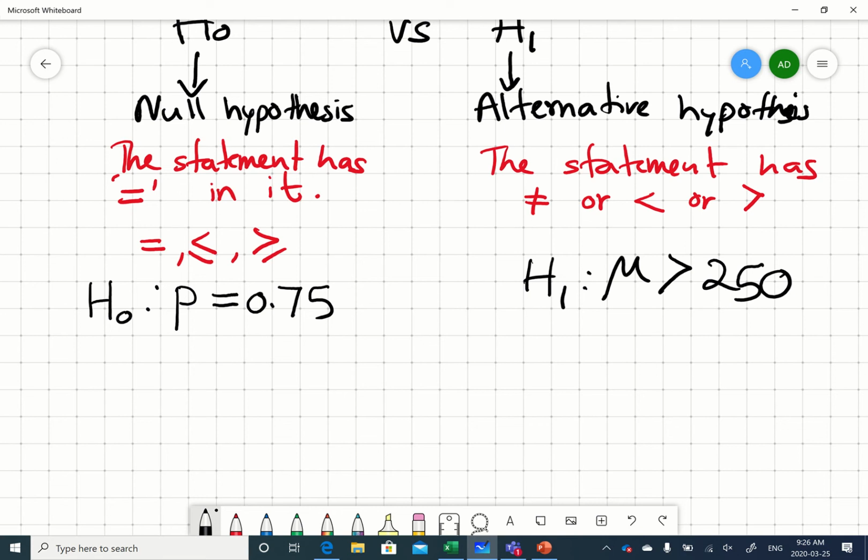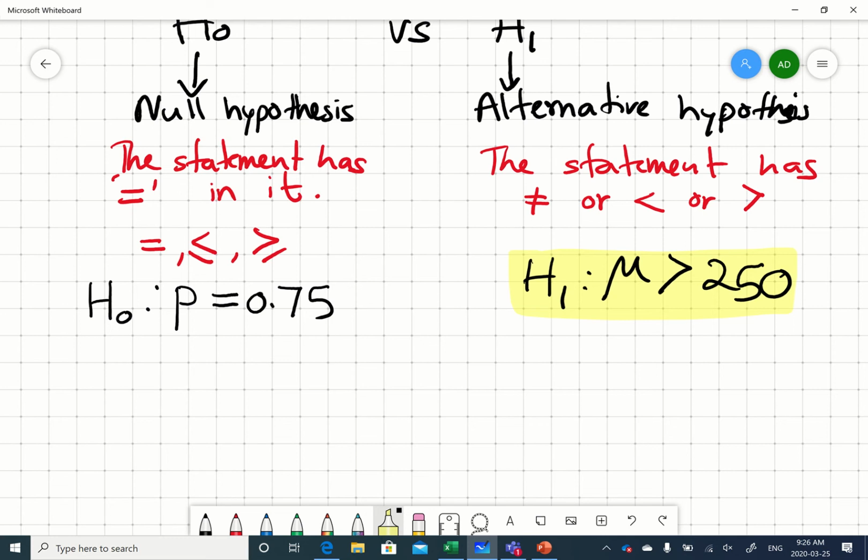250. And the other thing you need to know is that once you figure out that the given statement in the question is a null or an alternative, you build the other. In our first example about the average weight of a candy bar, we figured out that it's an alternative, right? Because the sign is greater than, more than 250.